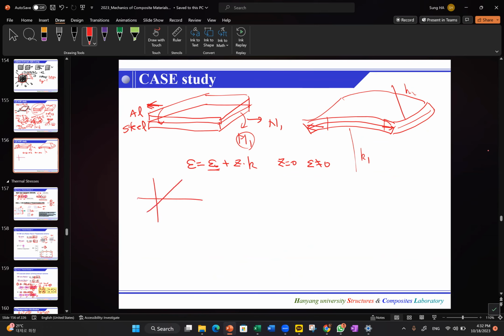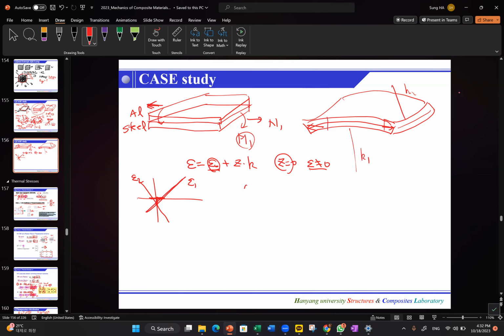So this much is strain epsilon 1, and here is epsilon 2. At zero we have a certain value here, a non-zero value. So that is an important point.